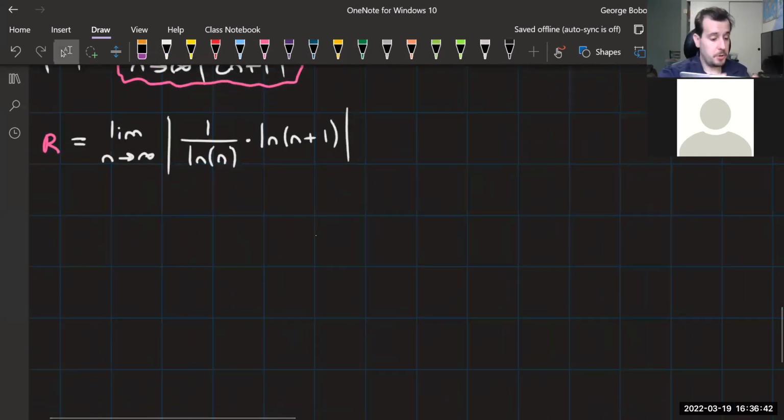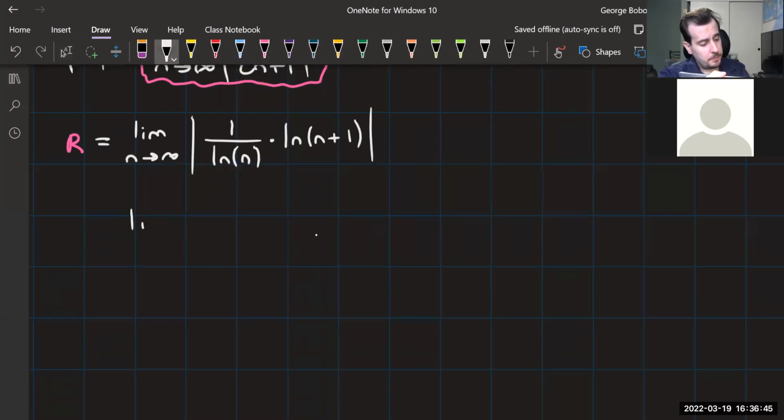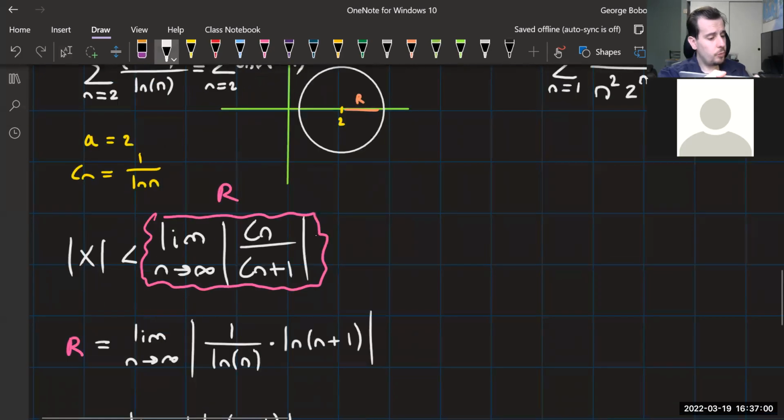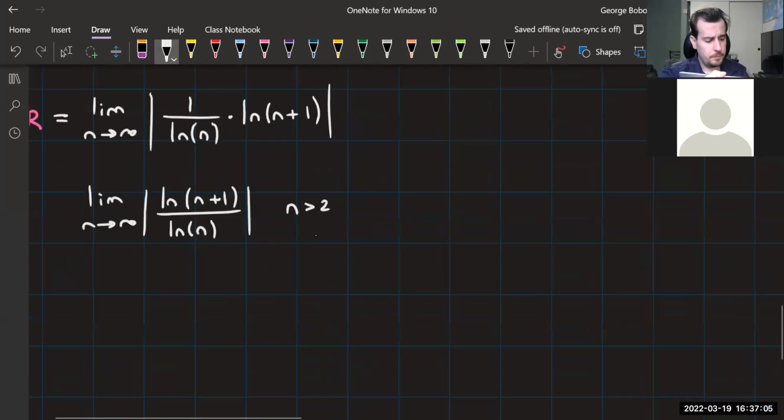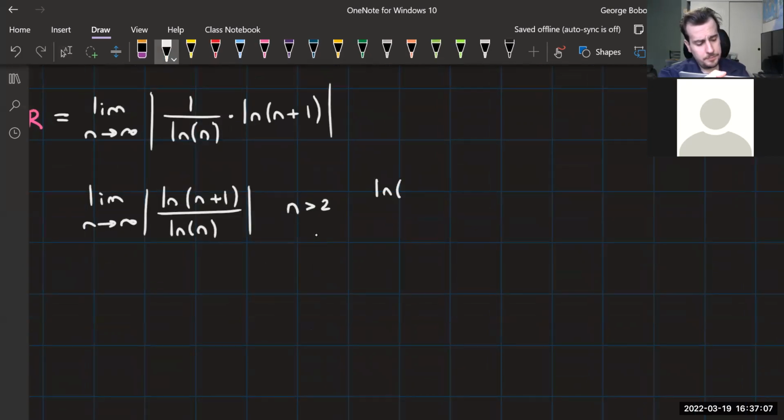Fair enough. So in the next step, I still have the absolute values in place, but I'm going to ask you if they're needed. Let's think about this for a second. n is always greater than 2. I don't know about you, but ln of 2 plus 1 and ln of 2, aren't these greater than 0? Yeah.